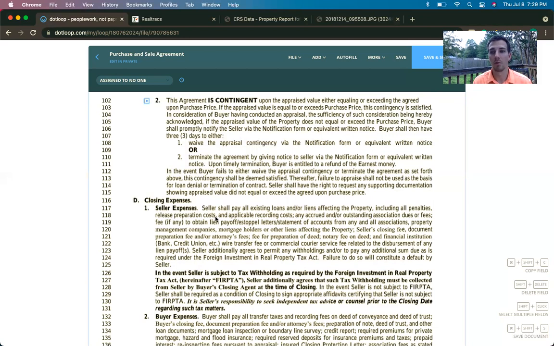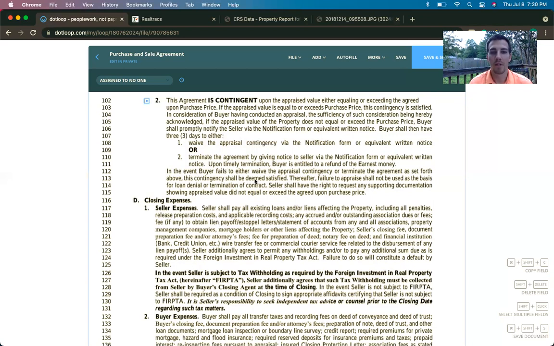And then also, let's say you get to day 4, beyond your 3 days to either pick option 1 or option 2. Let's say you get to day 4 and the home never appraised. Well, now if the lender denies the loan because the home did not appraise, that does not qualify for financial contingency. And that's covered right here.